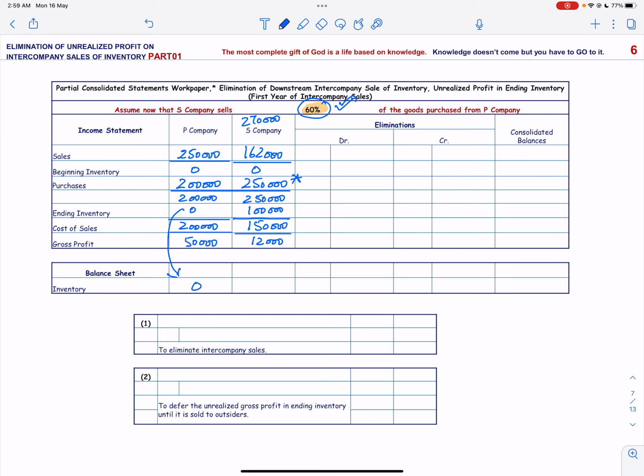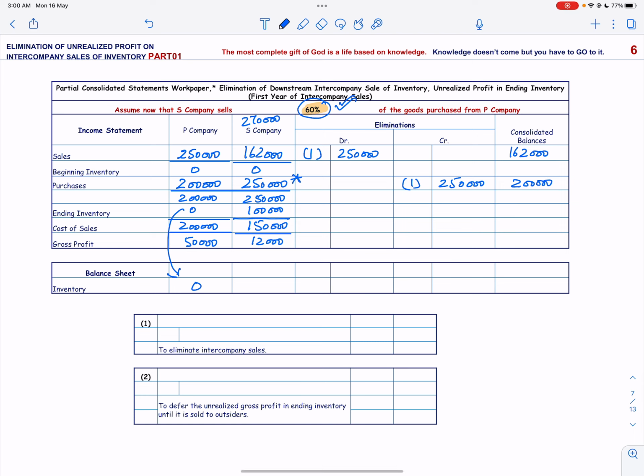Now the first elimination will be for sales of 250,000. This will give us a consolidated balance of sales as 162,000. There will be elimination of purchases, so for 250,000, and now we have the balance of 200,000.